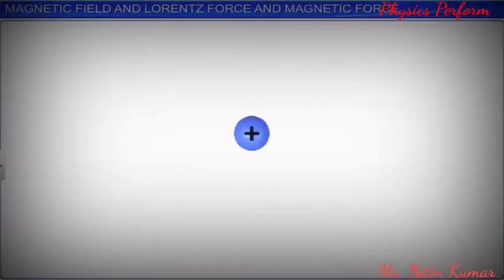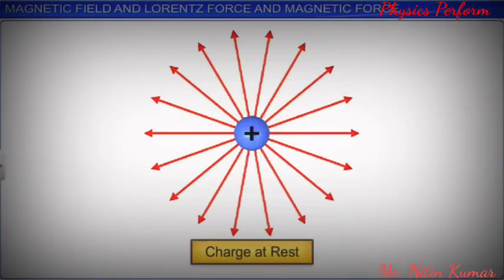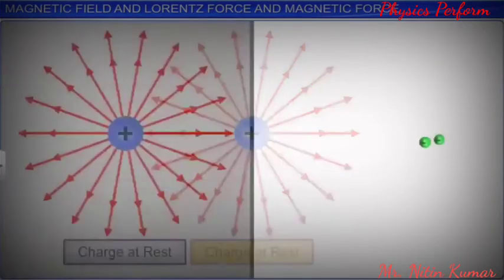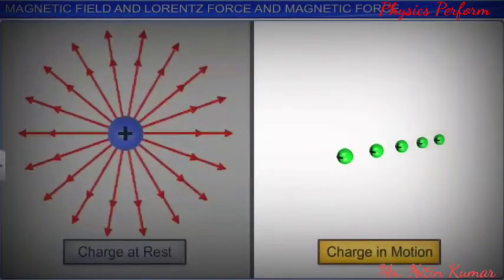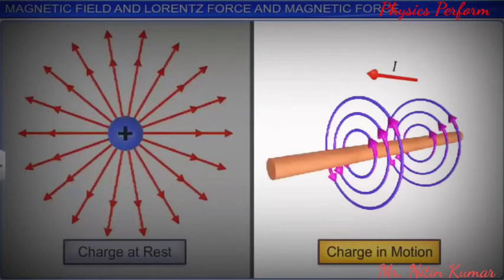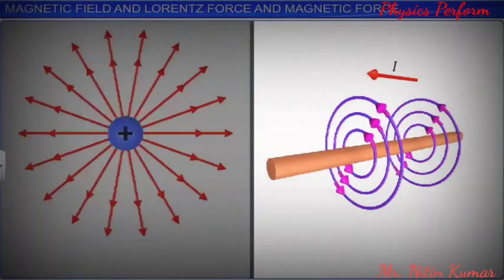As you learned earlier, charges at rest produce an electric field. Moving charges or a current passing through a conductor produce both an electric and a magnetic field around it. A magnetic field is a vector quantity.